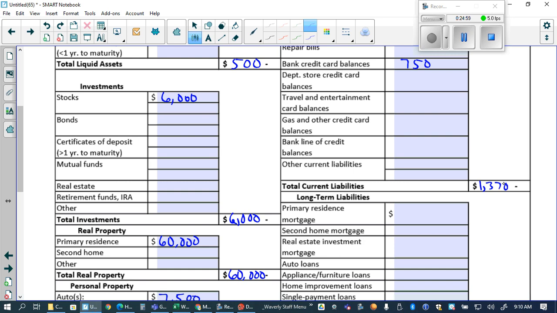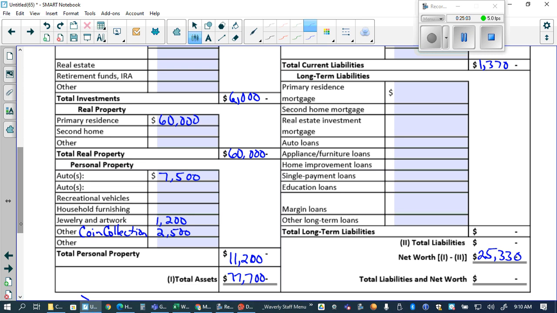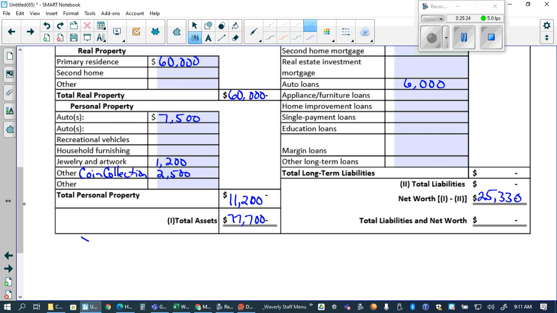All right. And now, primary residence, the mortgage on that is 45,000. Oops, I put the comma in the wrong place. And their car loan was 6,000, so here's 6,000. We can subtotal that. So total long-term liabilities was 51,000.